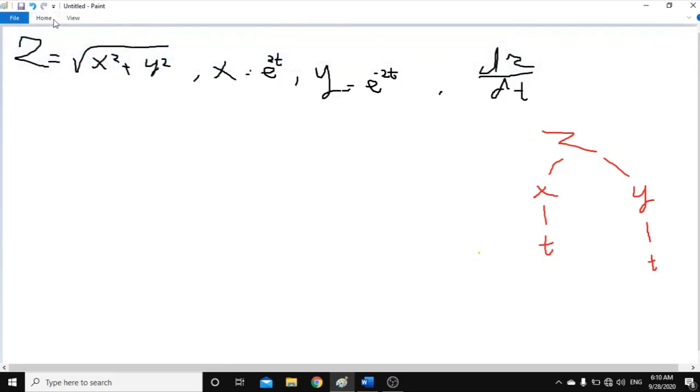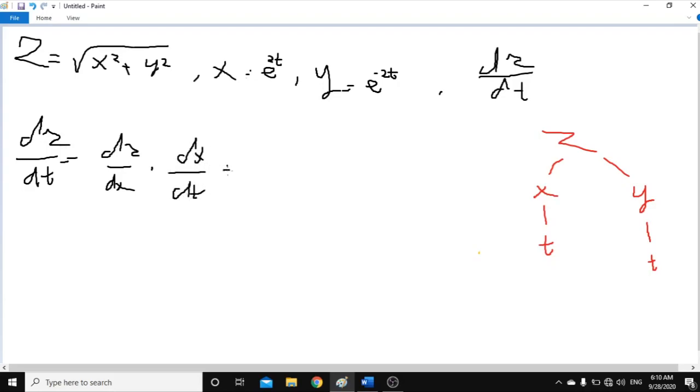So to write the equation in a good way, we need to write dz over dt, and then we say dz over dx times dx over dt, and then plus dz over dy times dy over dt.